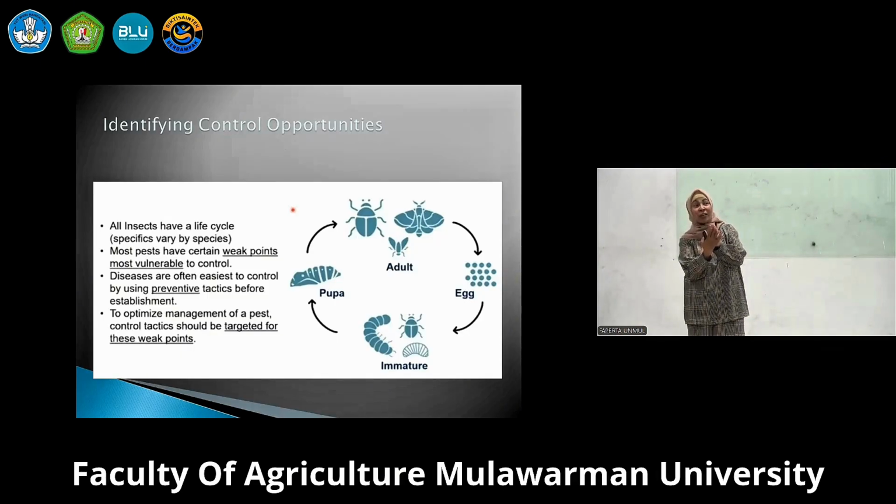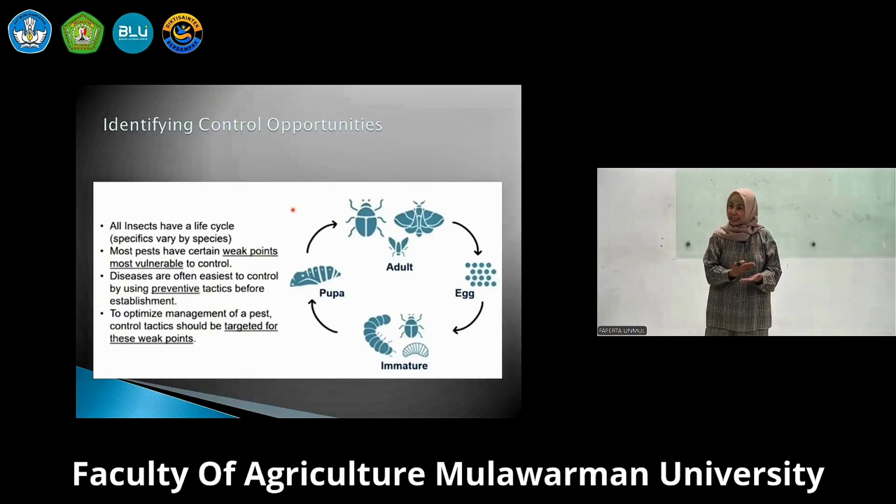Right? If you have the rice there, the insect will lay the eggs. So that's the place that you are going to control, right? And then you will get directly to your pest. So that decreases the population.